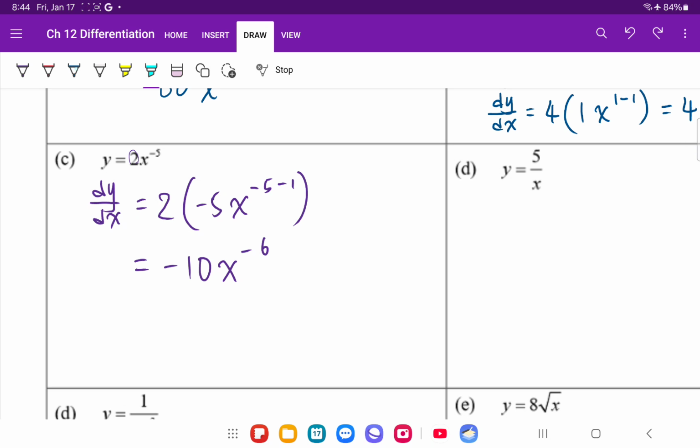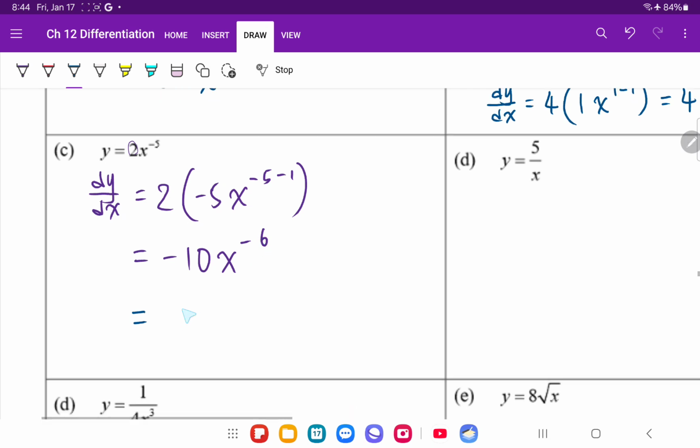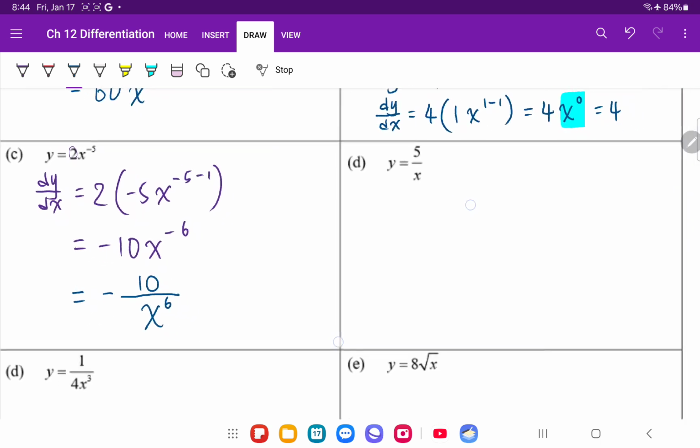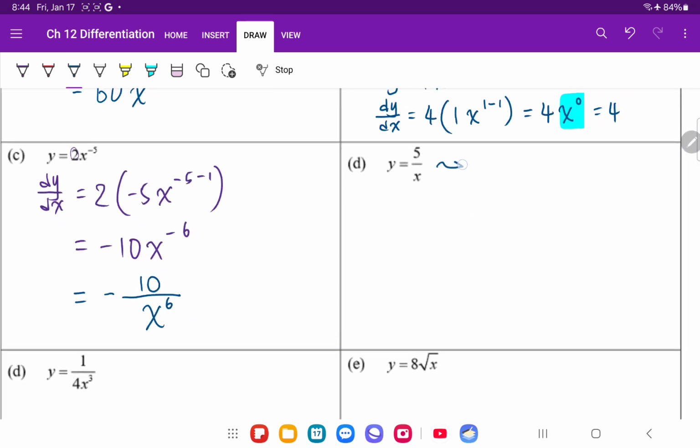Alright, now anyway, for this question, to rewrite the x power negative 6 as positive power, you have to write it this way. Negative 10 in the numerator, denominator x power positive 6. Let's go to part D. Now this question, I must first write y equals 5 times 1 over x first.